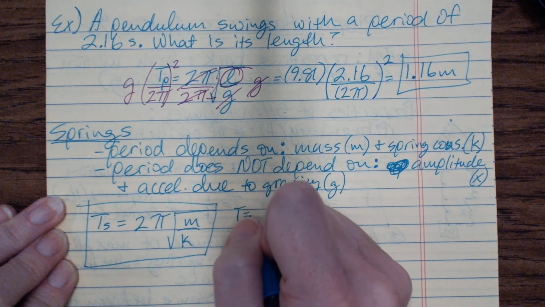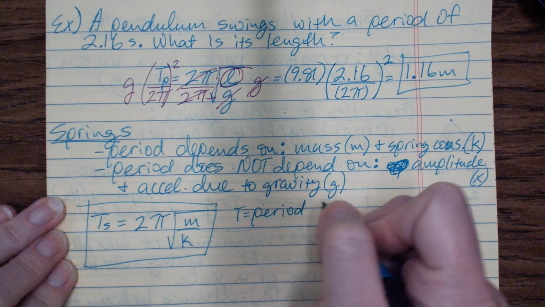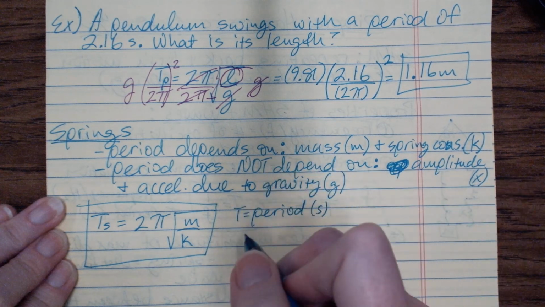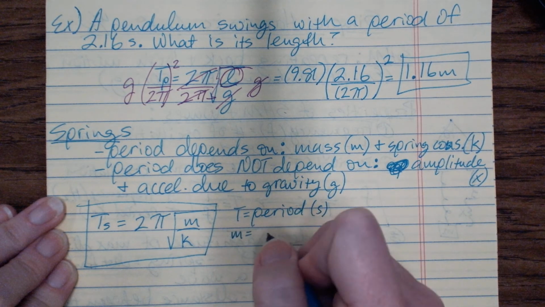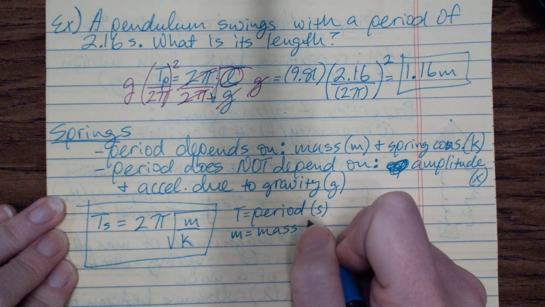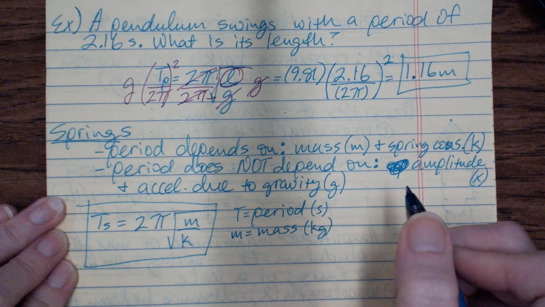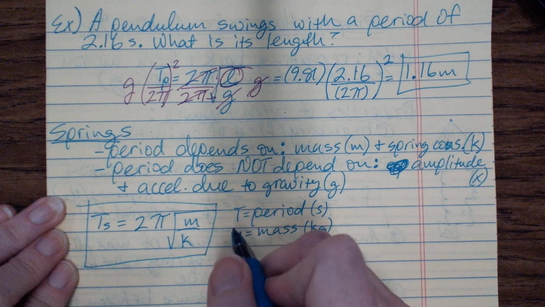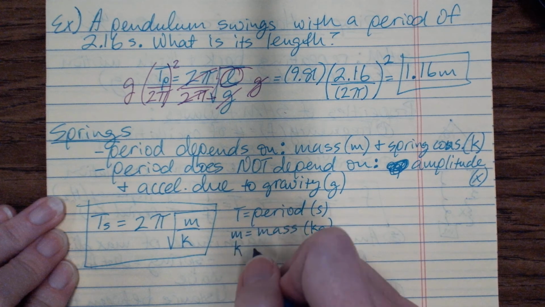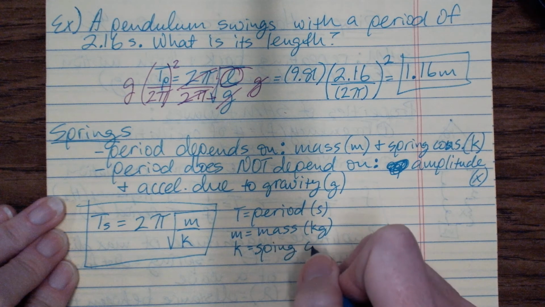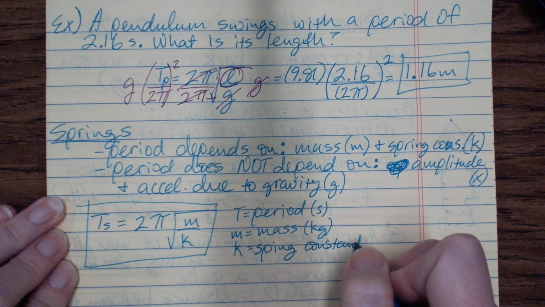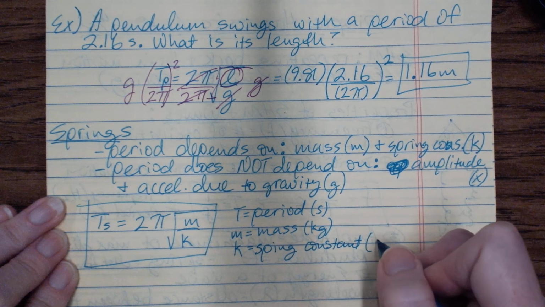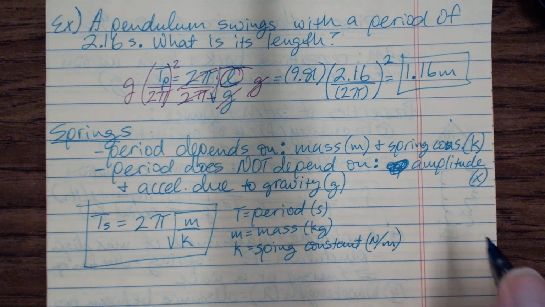Where T is the period in seconds, m is the mass, and it must be in kilograms. So you need to go between grams and kilograms quite easily at this point in the course. And spring constant is k, and its units are newtons per meter.